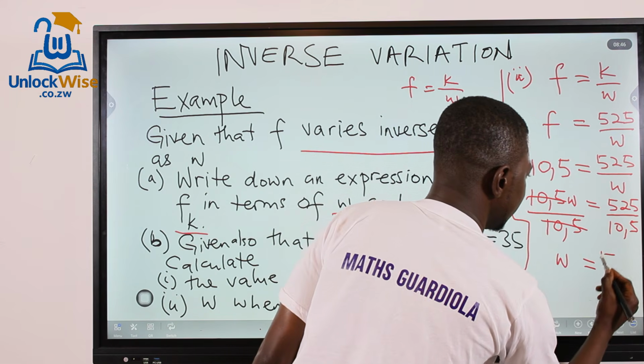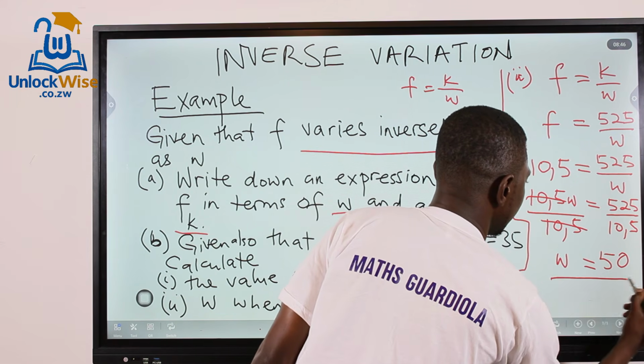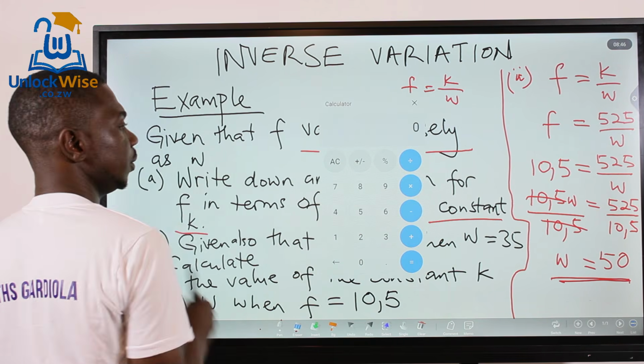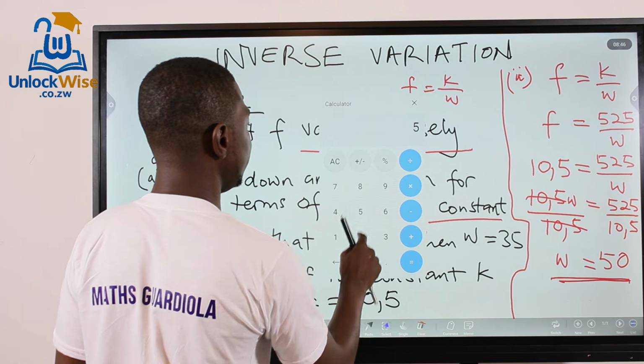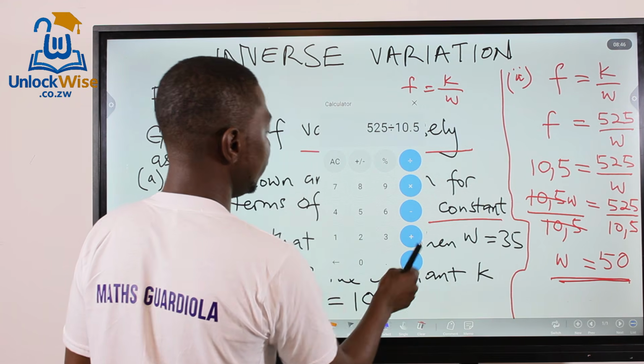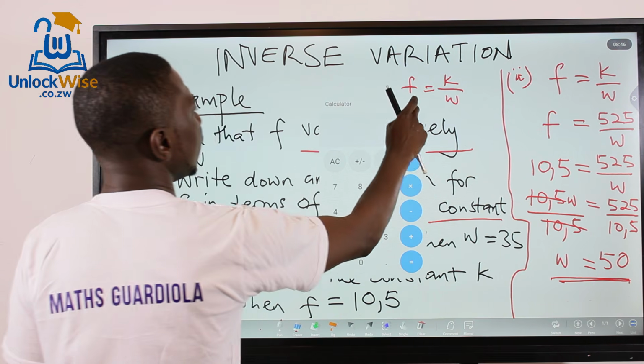You should be able to get 50. So this is your answer: 525 divided by 10.5 is 50.